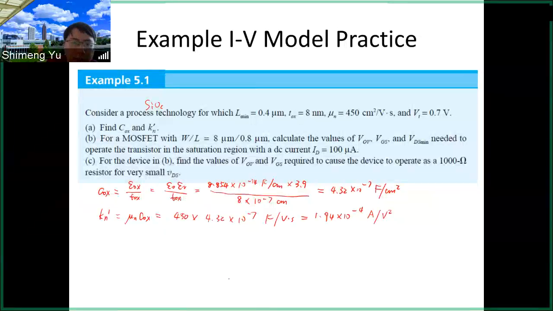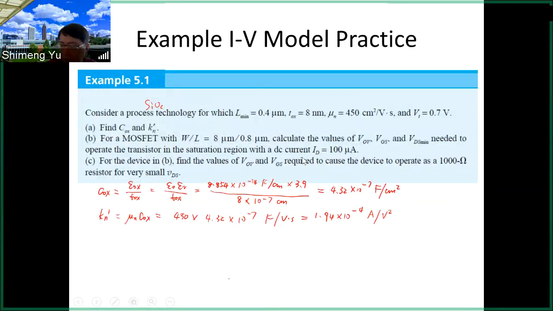This is the Kn prime. The next question is, if the MOSFET has this W over L of 8 over 0.8, calculate the voltages you need to operate the transistor in saturation with a current of 100 microamp. Basically we ask you how to design the voltage to give you 100 microamp.